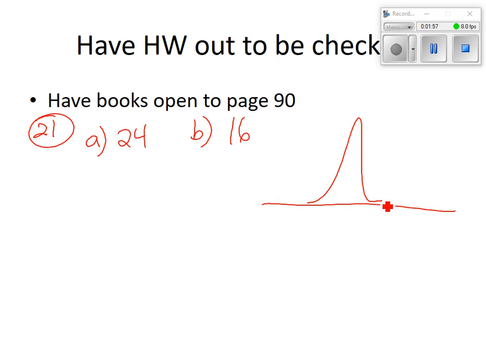Small, because it's all close together. If we have something that's like this, that's going to have a big standard deviation because it's more spread out.